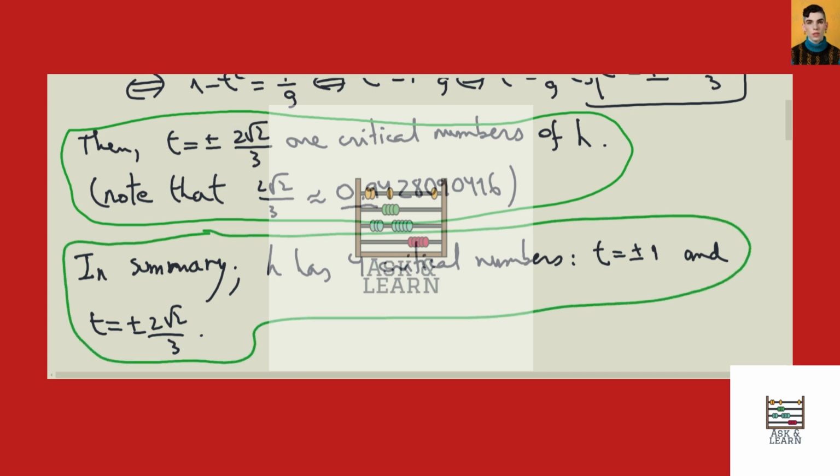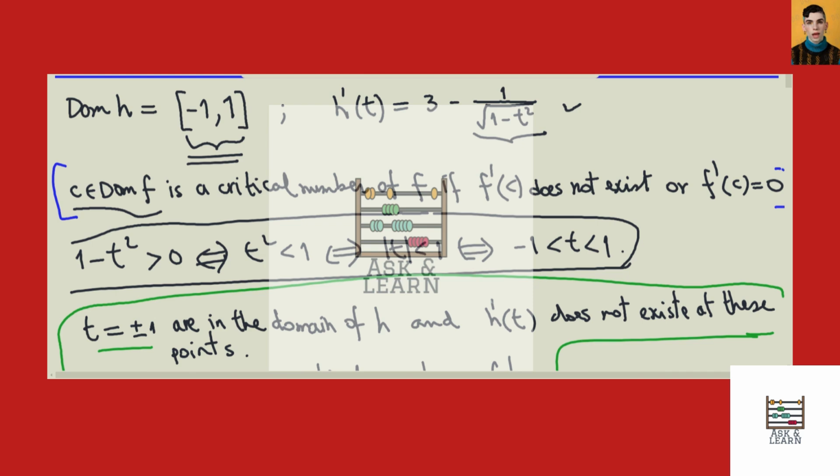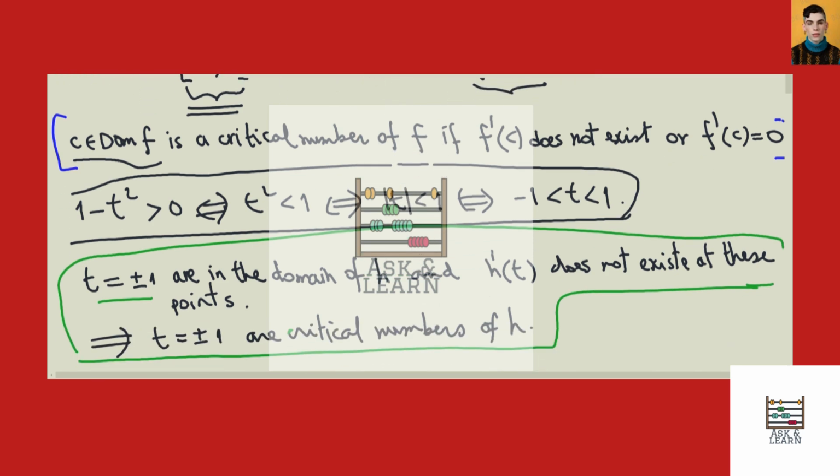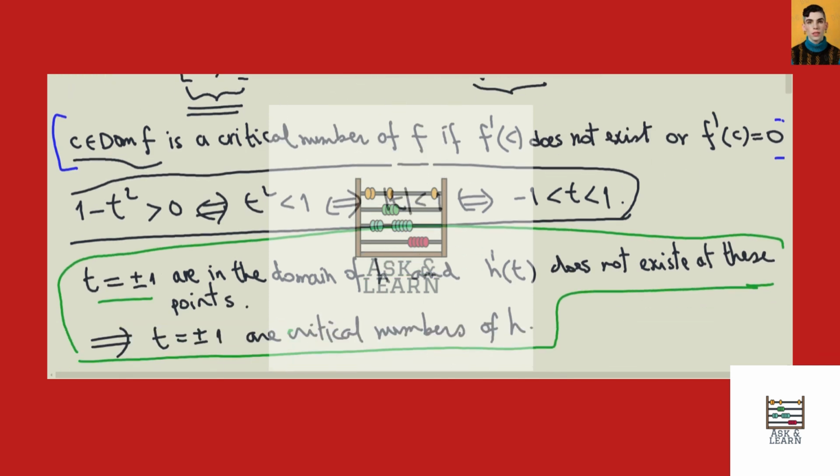And I recall that we looked at the domain of the function, we calculated the derivative, and we saw that there are points of the domain of the function for which the derivative does not exist, and so those 2 points, in this case -1 and 1, have to be considered critical numbers of the function. That's the part of derivative not existing.